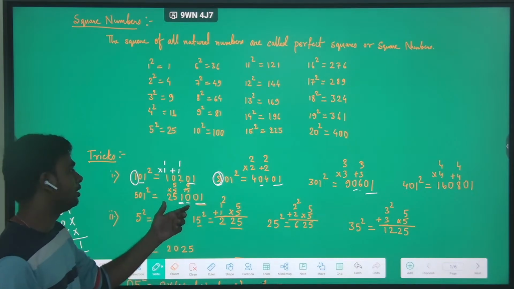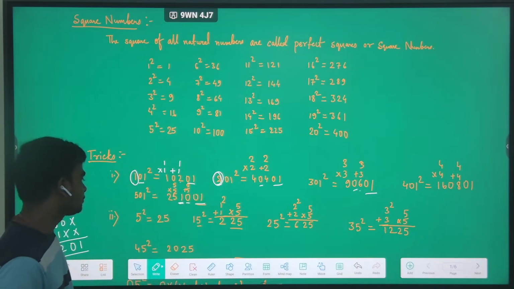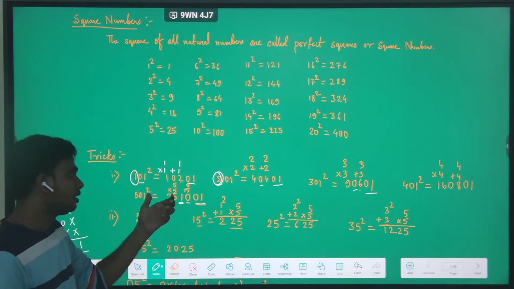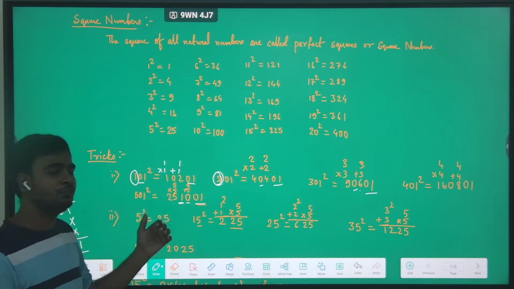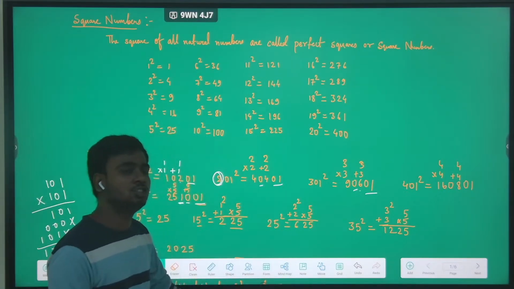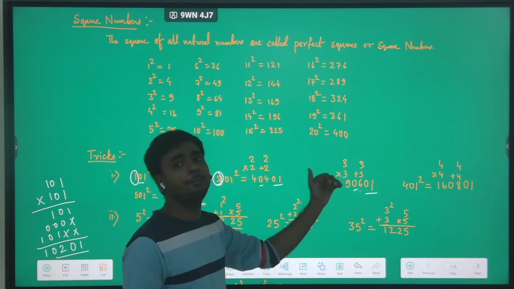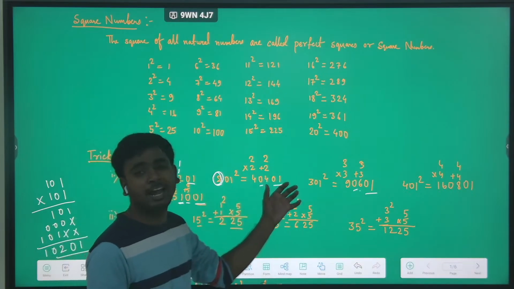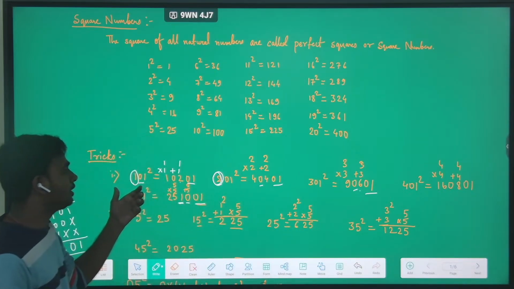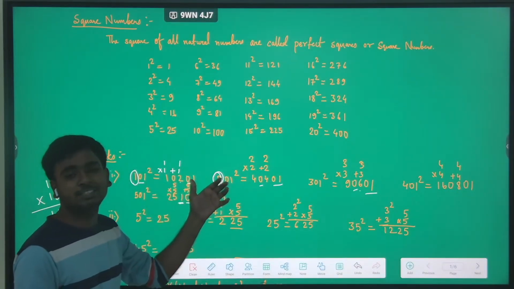Okay, 251001. So these are the tricks which are required to understand, because in some part of the question you will face this type of question, 40401, 90601, and you will not be able to find the square root of those numbers. So first of all, we will try to find these types of numbers and their values in simplest terms.